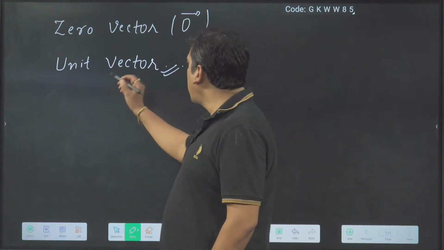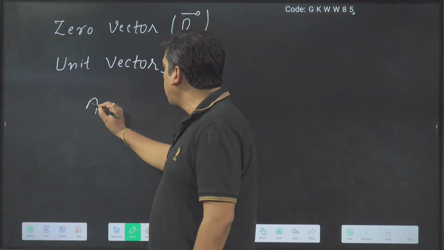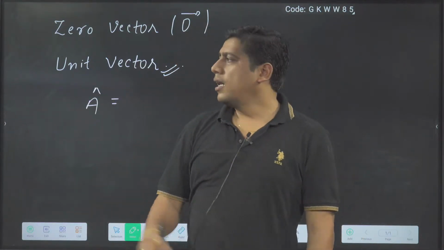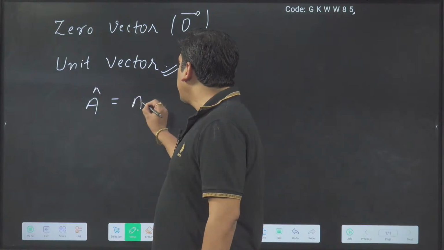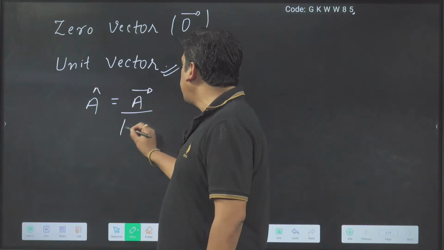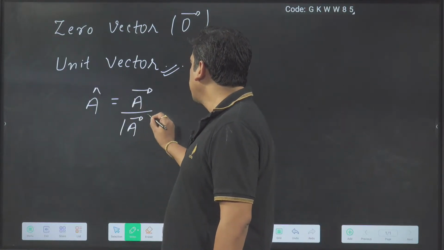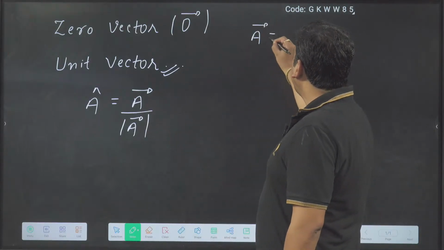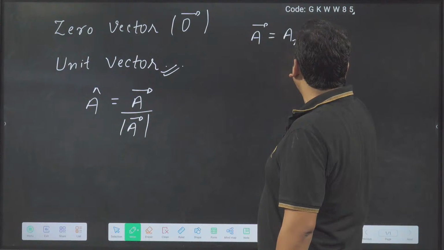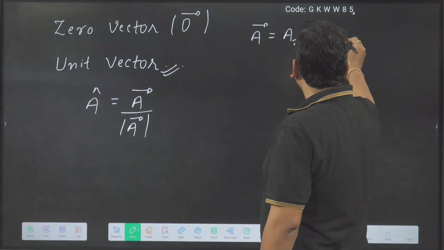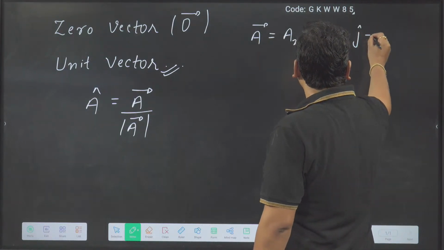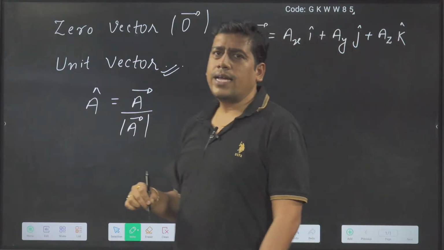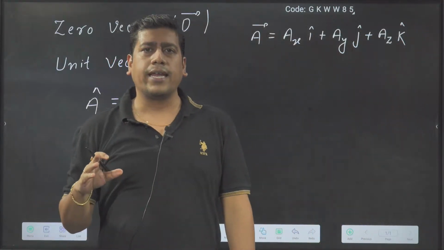If you remember how we defined unit vector, you put a cap over it, and it is defined as the complete vector divided by its magnitude. That means, I told you last class, if a vector is written as ax i cap plus ay j cap plus az k cap, why I can write any vector like this, I will tell you in the next class.